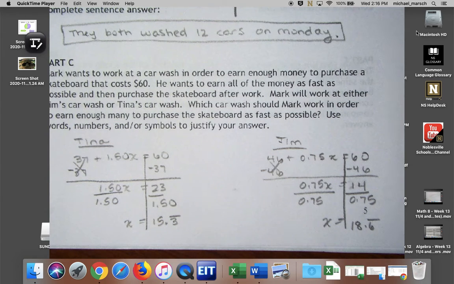Ooh, Jeff Bezos of the car wash. It's muy interesante. So, based on this mathing here, it looks like he should work at Tina's car wash because he can make that money if he just washes 15 cars. He'd have to wash 18 at Jim's.